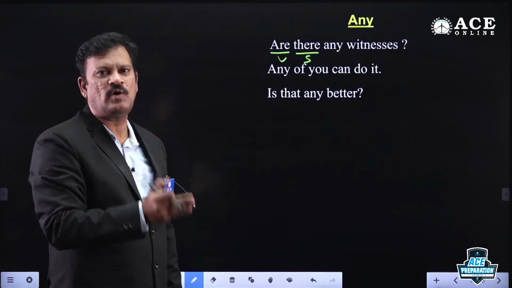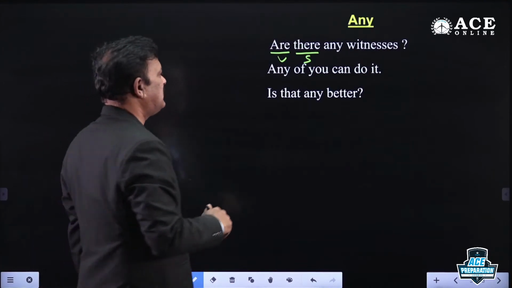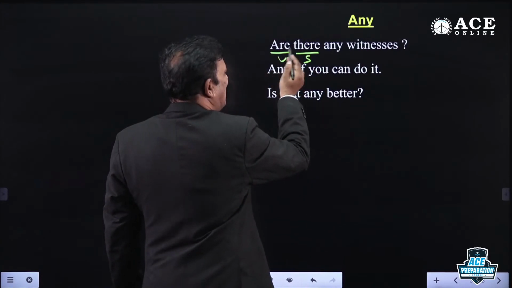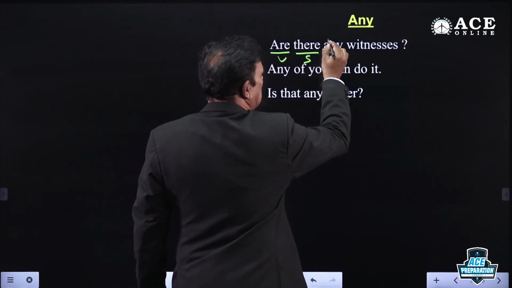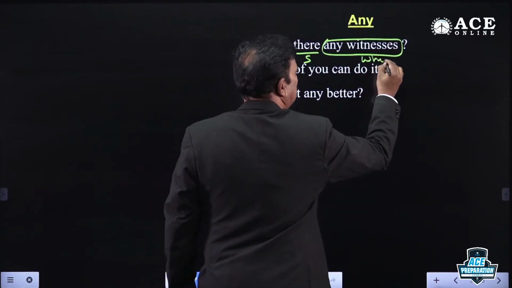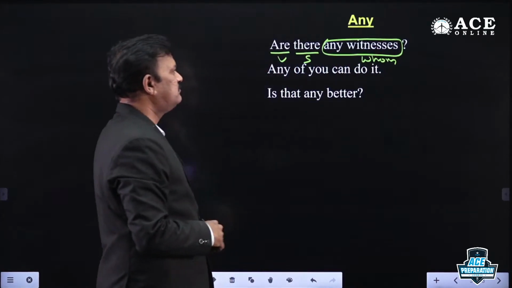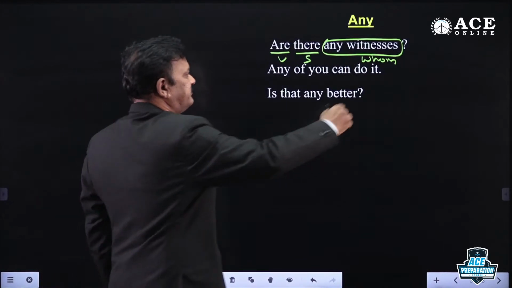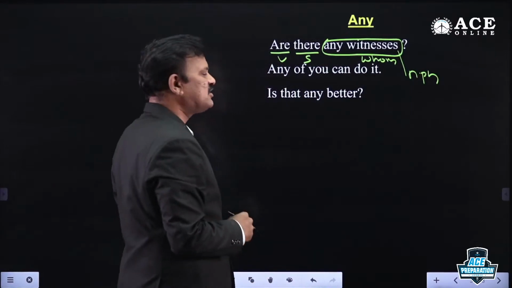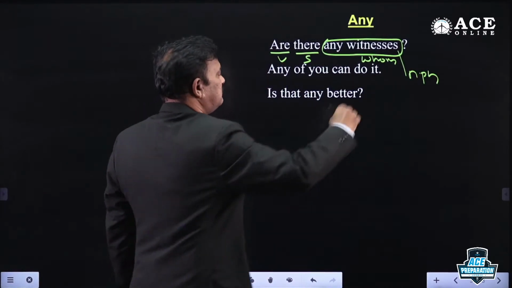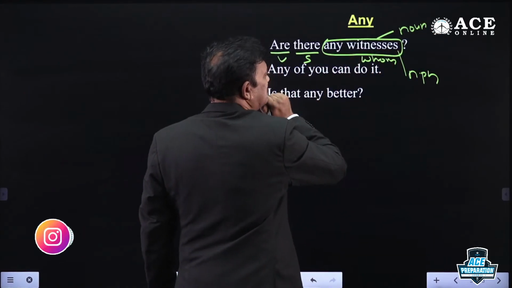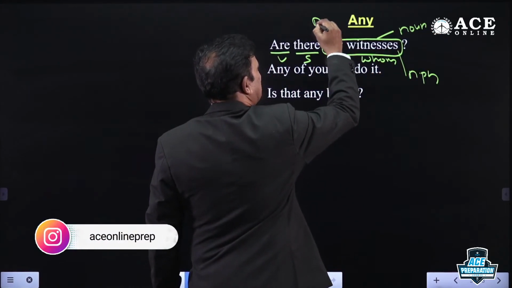If it is a sentence, you have obviously SV form, right? So this is subject, this is verb. Are there any witnesses? Whom? So whom, noun phrase. Last word of the noun phrase, noun. Left side of that, adjective.